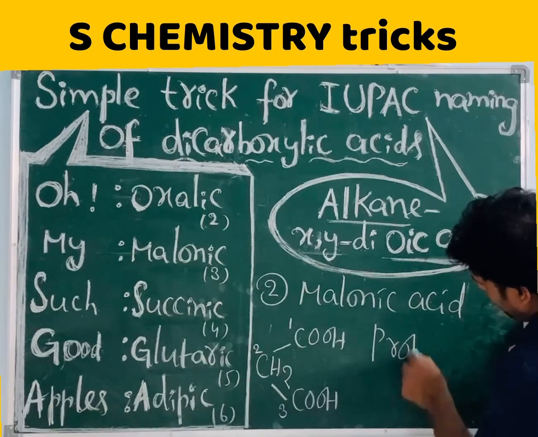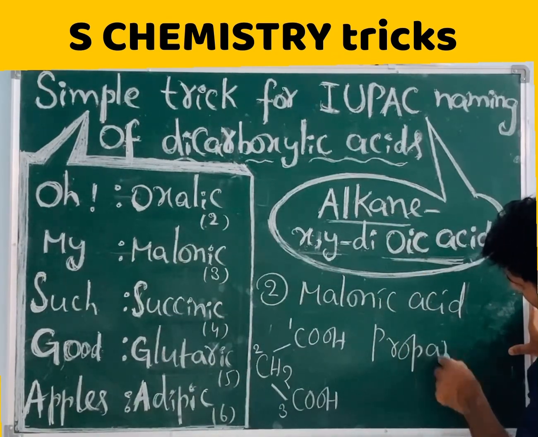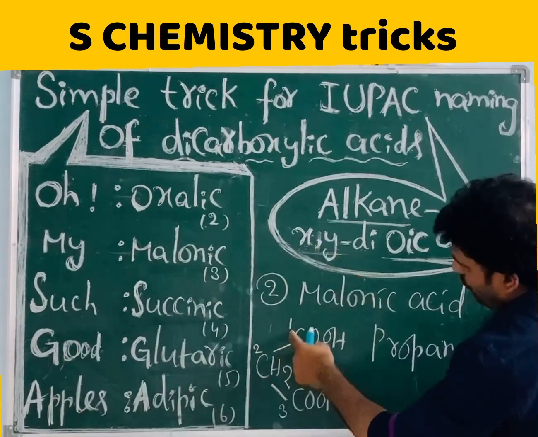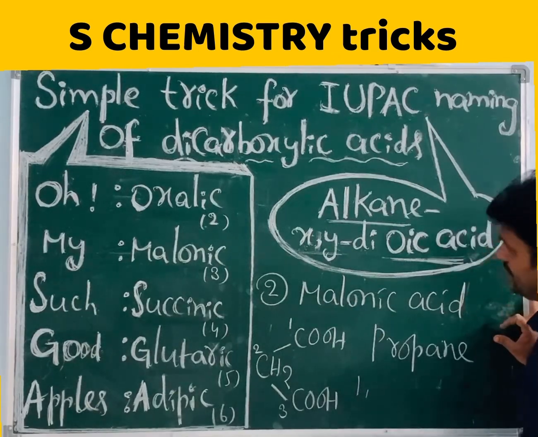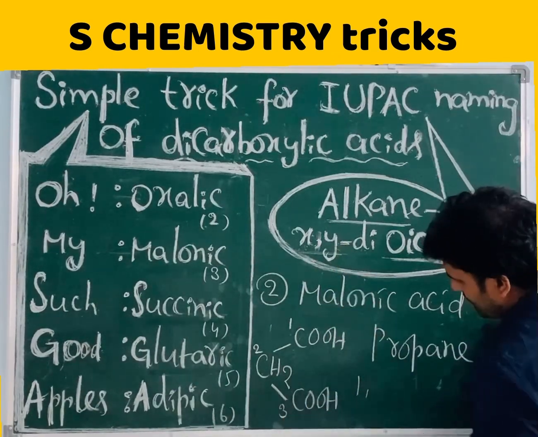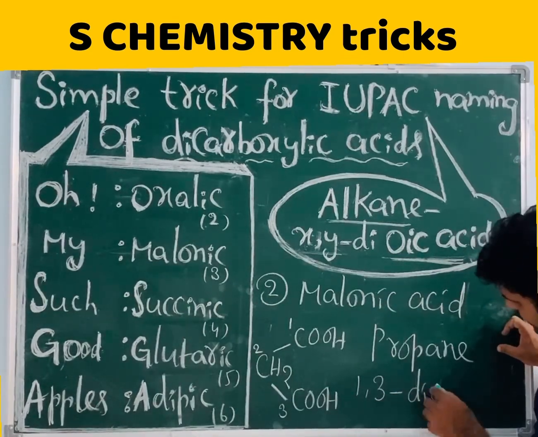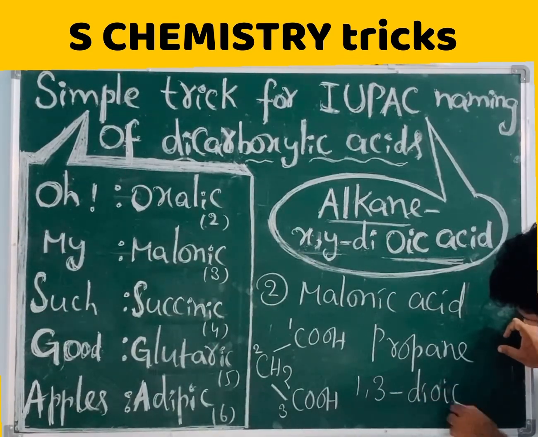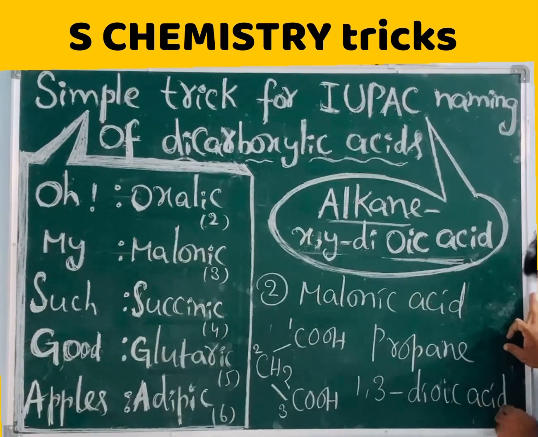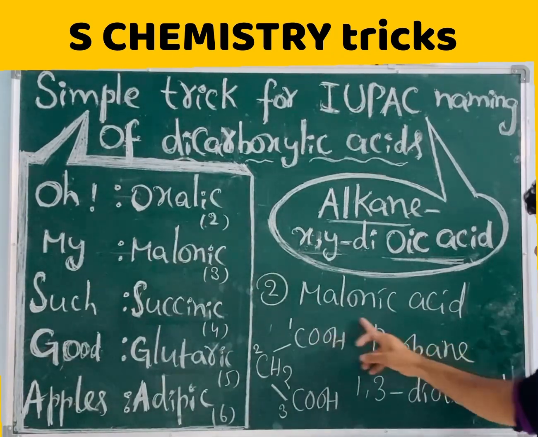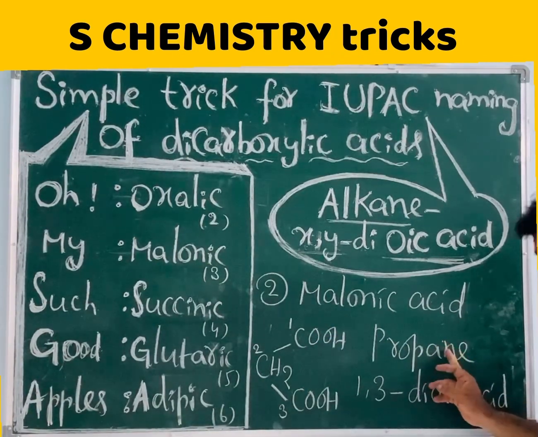So prop plus ane, propane, and X value is 1, the first carbon, and Y value is 3, the last carbon. So propane 1, 3 dioic acid. This is the IUPAC name of malonic acid, students, propane 1, 3 dioic acid.